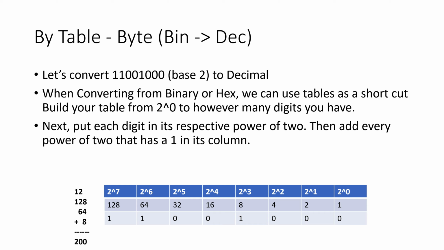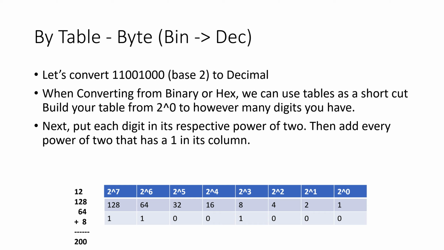Ooh, by table. Alright. So now we're getting into converting different bases to decimal. It's pretty much the same as converting with weights, but I think a table representation is a little easier. What we're going to do is lay out our powers of 2, and then place each digit in its respective power of 2 place.